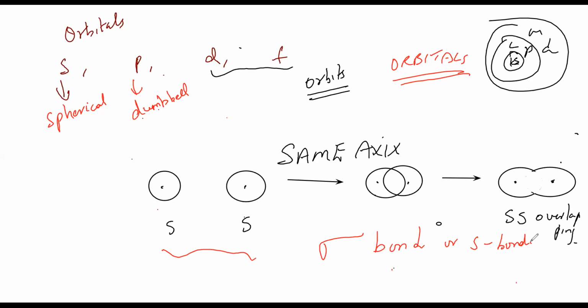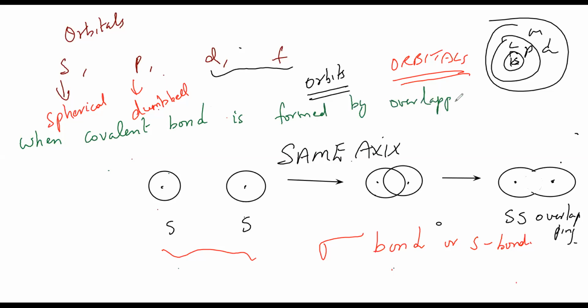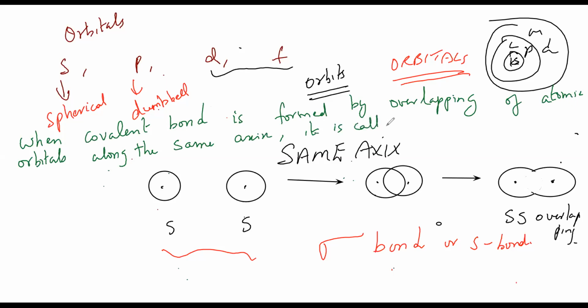So I'll write it down for you here. Then it will be very clear. When a covalent bond is formed by overlapping of atomic orbitals along the same axis, it is called sigma bond, or S bond.